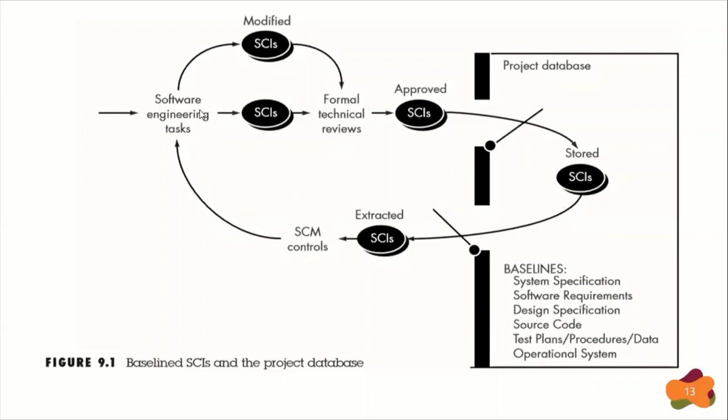When a member of the software engineering team wants to make any modification to a baseline SCI, that version of the SCI is extracted and given to the private space of the software engineering member, so that he can make the changes. Then those changes have to be formally reviewed, and after approval they are stored back in the project database. So this is the cycle. The arrows indicate the modification path for the baseline SCI.